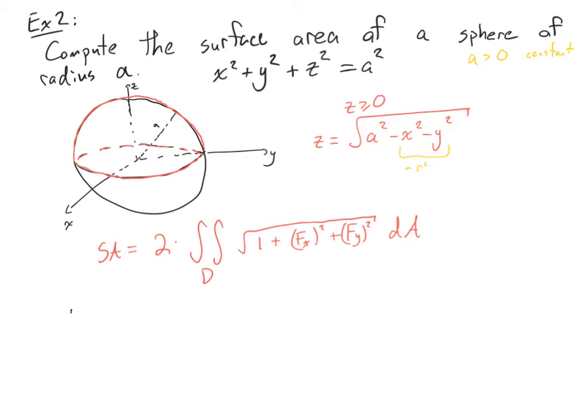So fx: I've got that square root. If I take the derivative with respect to x, I get the square root to the positive 1/2 becoming to the negative 1/2, times a half, and then times my chain rule term minus 2x, and that simplifies.